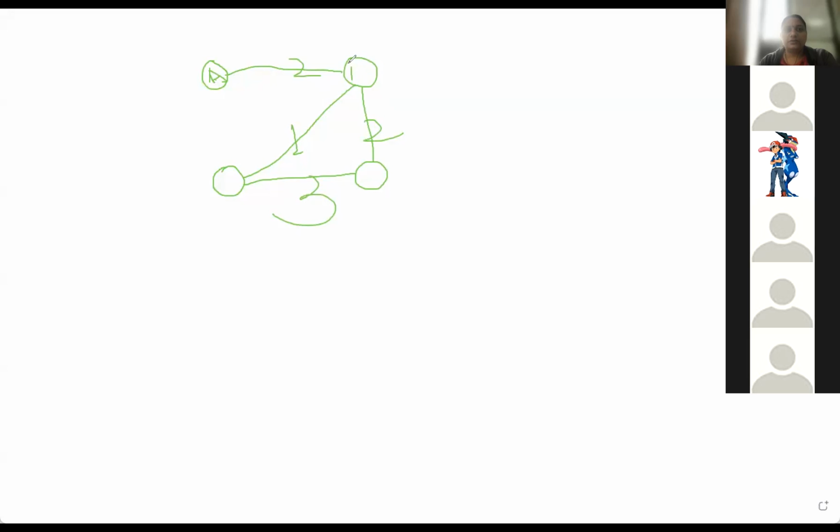It is B, then it is C, and then it is D. All of you are able to get what I am writing?